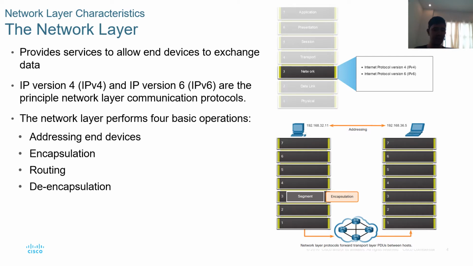So in the network layer, during transmission, the data is being encapsulated. During sending, again, not the data, but the segment from the transport layer is being encapsulated in the network layer.